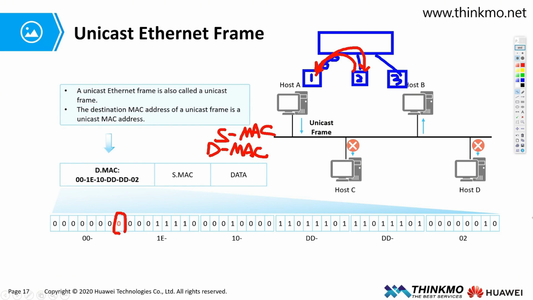I can distinguish it based on this. This bit is fixed as 0. Data with this MAC address as the destination MAC address will be sent to a unique destination, meaning I send it individually. Besides this, for unicast, its efficiency is too low.